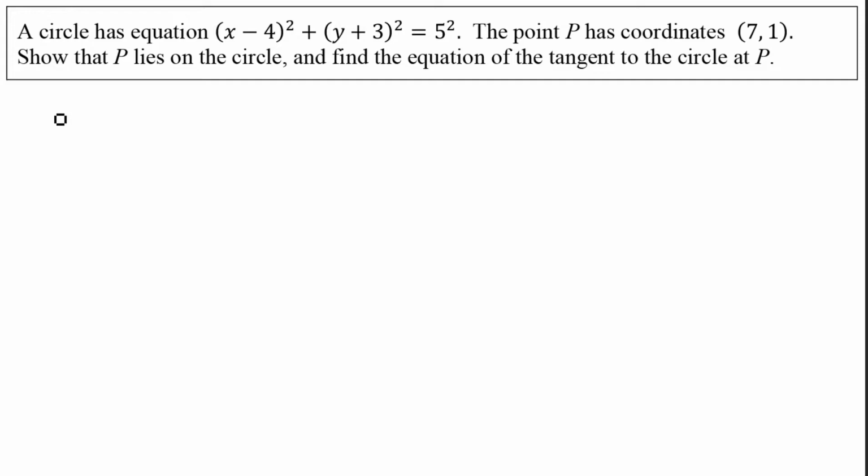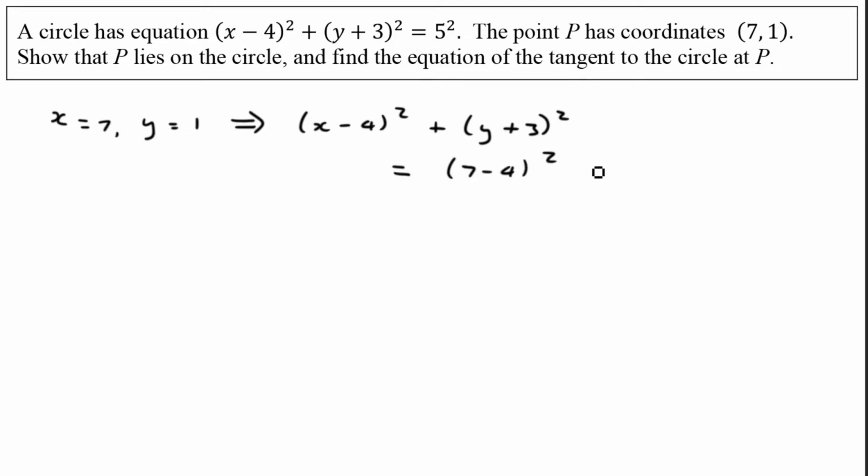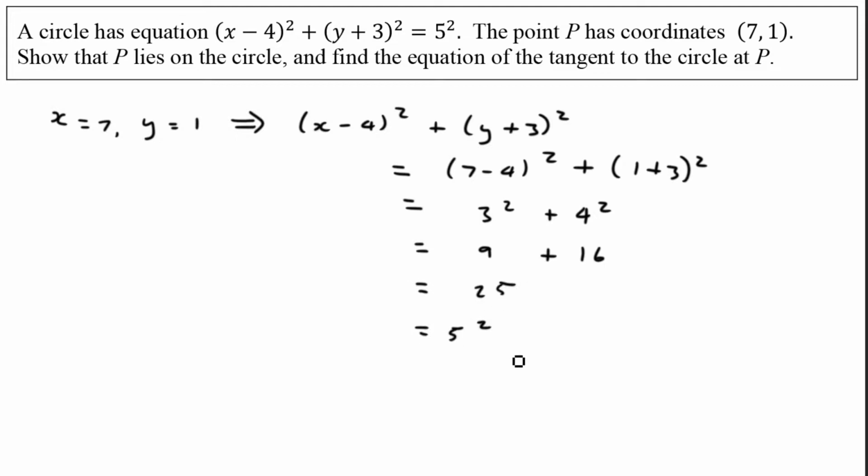We should begin by saying, if x is 7 and y is 1, then that means that (x - 4)² + (y + 3)² is (7 - 4)² + (1 + 3)², which is 3² + 4², which is 9 + 16, which is 25, which is 5².